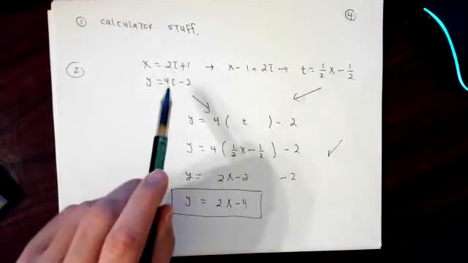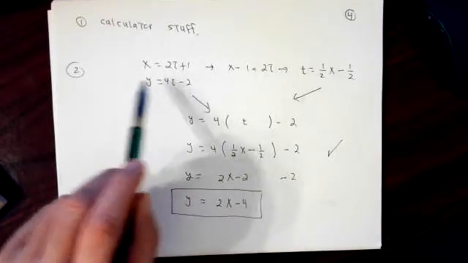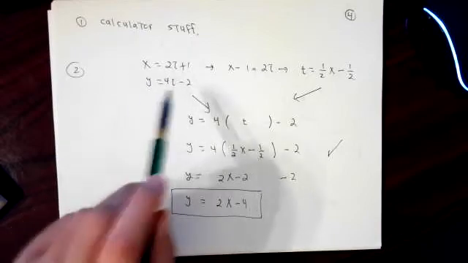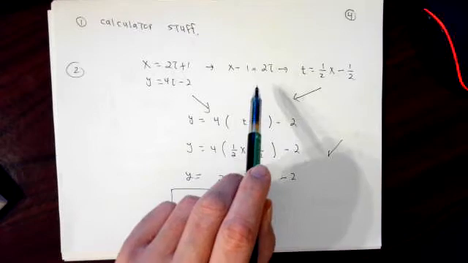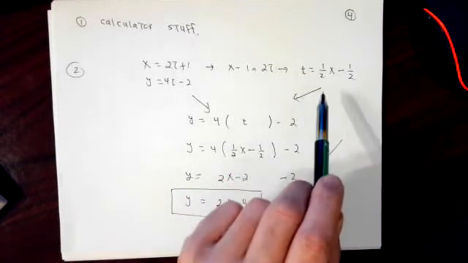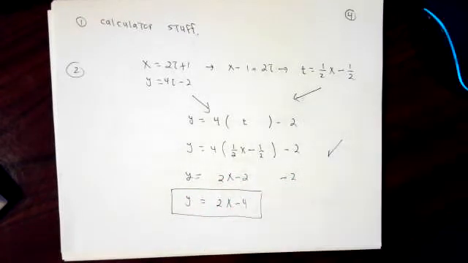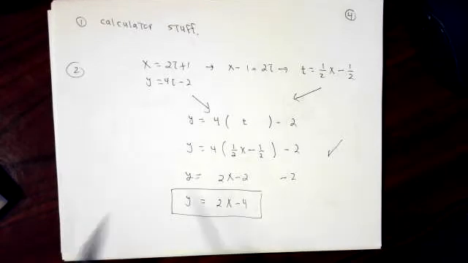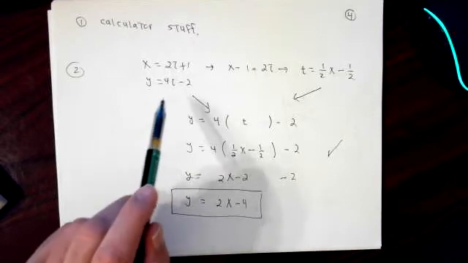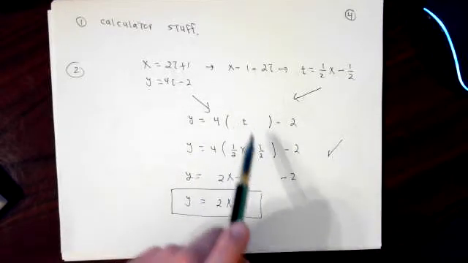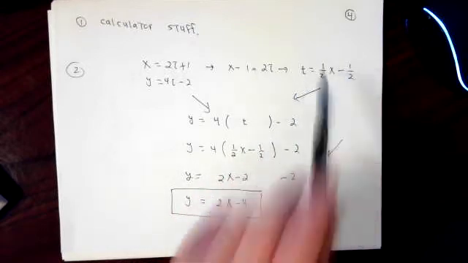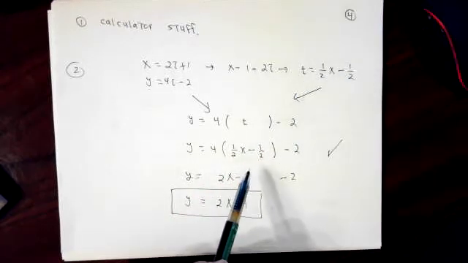So take the equation that relates the parameter to the x coordinate. x is 2t plus 1, so x minus 1 is 2t, so t is 1/2 x minus 1/2. My other parametric equation says that y is 4 times t minus 2, and we just figured out how to express t in terms of x.